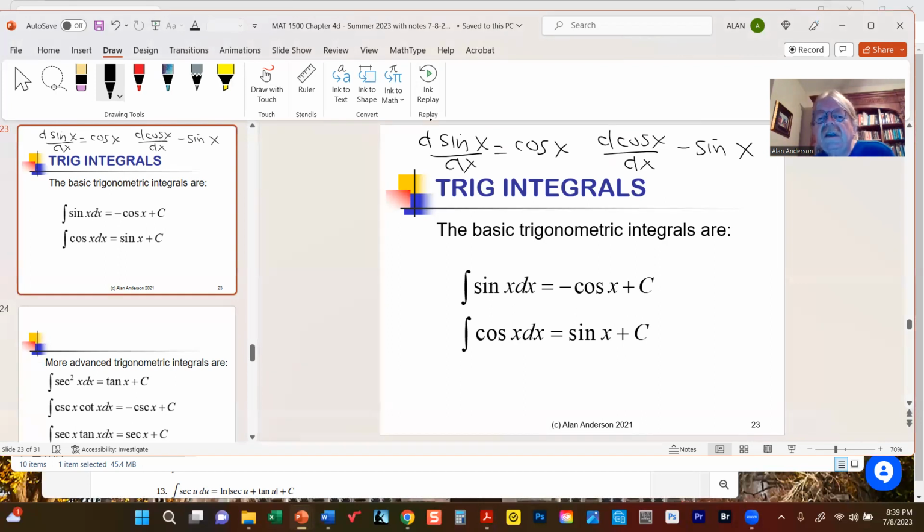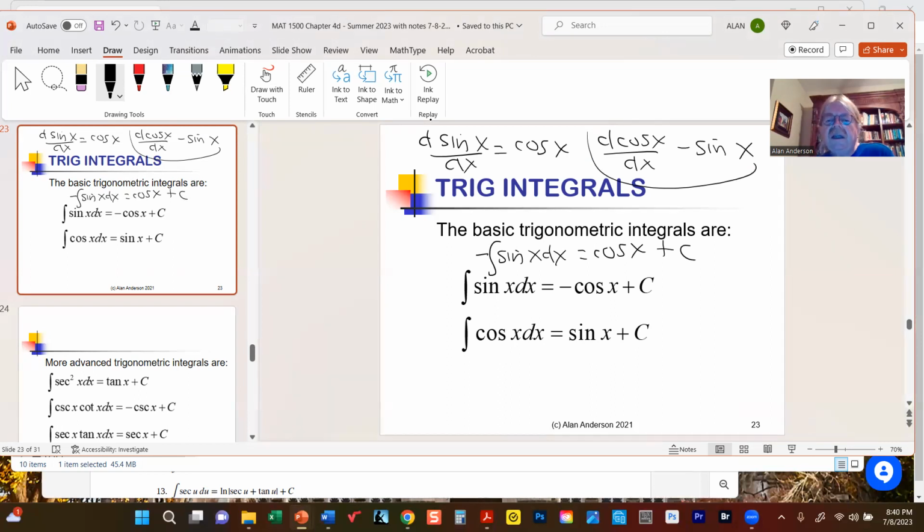So if I took the integral of negative sine x, it would bring me right back to cosine of x. Because if the derivative of the cosine is the negative sine, the integral of the negative sine is the cosine. But here we have the positive sine, so that implies that our result will not be the positive cosine of x, but the negative cosine of x.